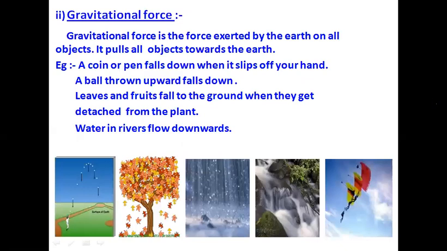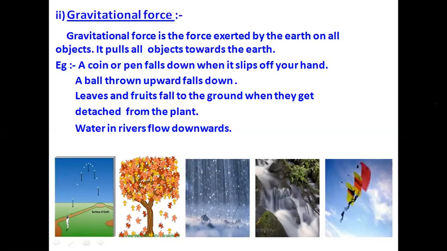So next is the gravitational force. Gravitational force is basically the force that is exerted by the earth on all objects. The attractive force that a body experiences towards the center of the earth is called the force of gravity due to earth, and it pulls all objects towards the earth.